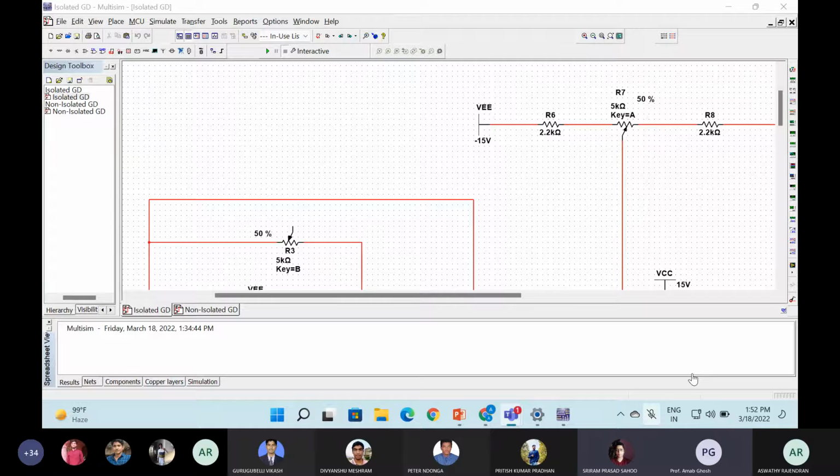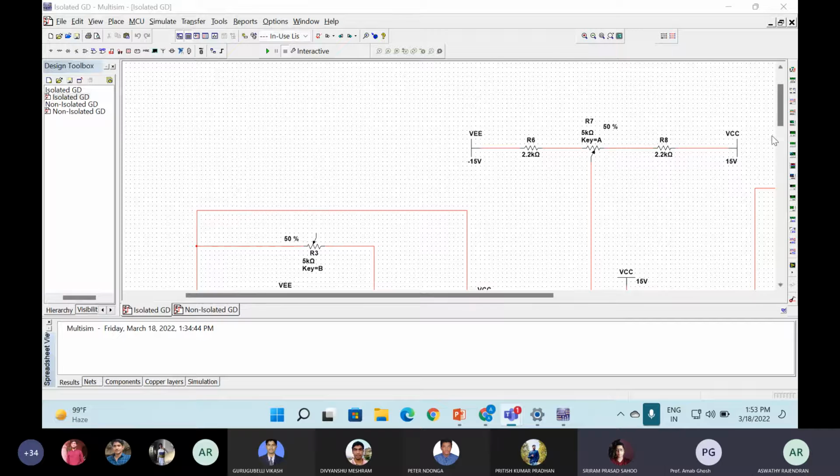Acha, can you please explain to me in the circuit what you are doing here? Please explain your circuit. Sir, we are using an op-amp to generate a triangular waveform. And from your circuit diagram, what is going on? Please elaborately explain in your circuit diagram.